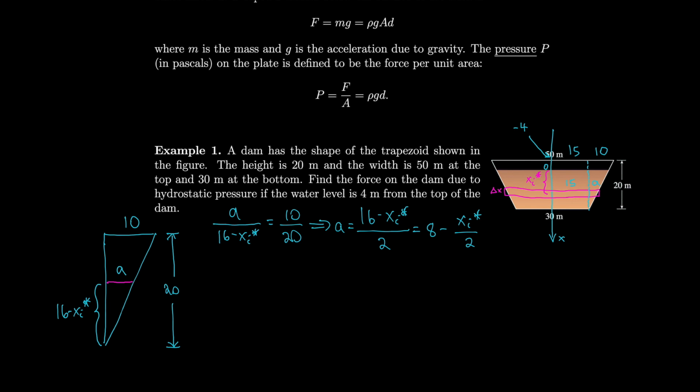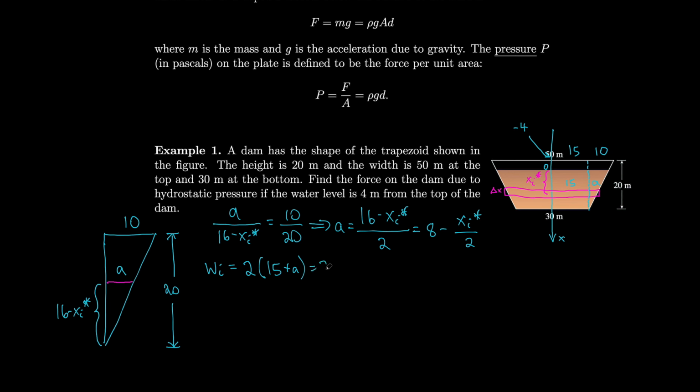So that means that if I want to call the width of this thing, how about Wi for the ith plate, then Wi is 2 times 15 plus A, because I take 15, I add it to A, and then I duplicate it to get the entire width.